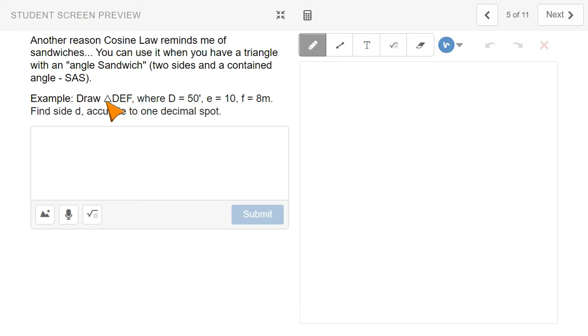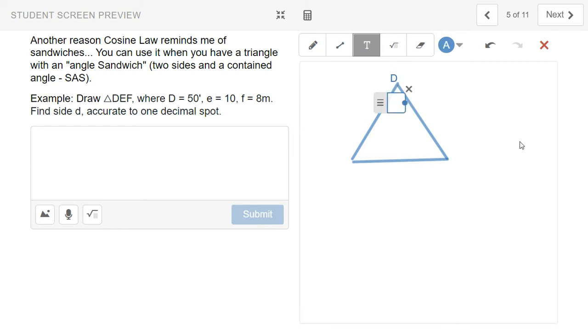Let's create a triangle here. Triangle DEF. We have angle D, which is 50 degrees. Side E is equal to 10, and side F is equal to 8 meters.